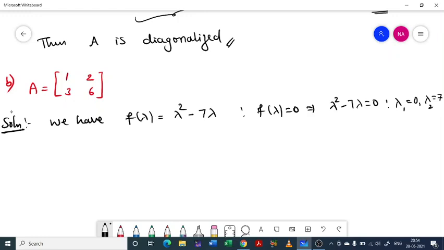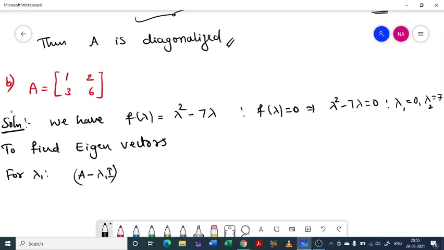Okay, now to find eigenvectors, next for lambda 1, A minus lambda 1 into I into x.